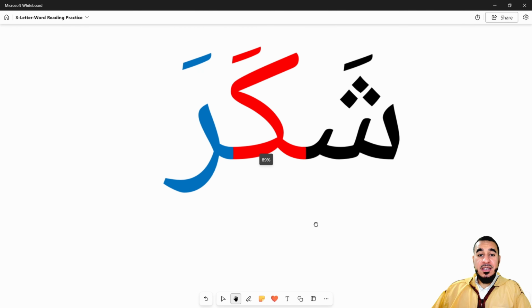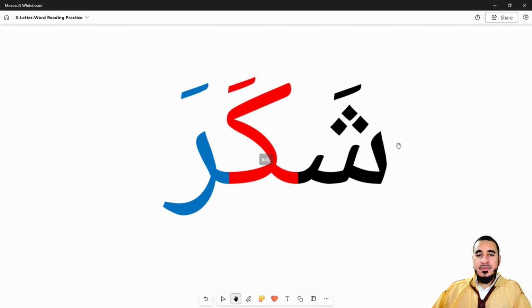And then I believe this is the last word in this one. What letter does it start with? It starts with the sheen, and it has a fatha above it. So what sound would this letter make? It would make the sha sound. And then we have the kaf in the middle attaching to the sheen, and then the kaf attaches to the ra.